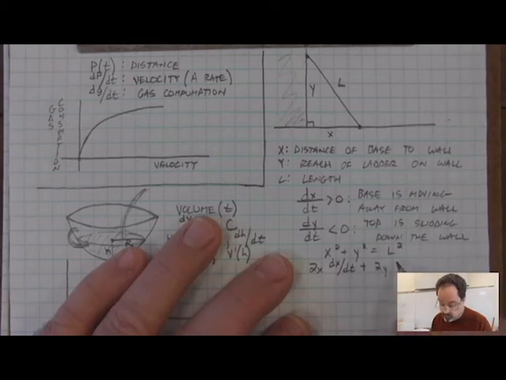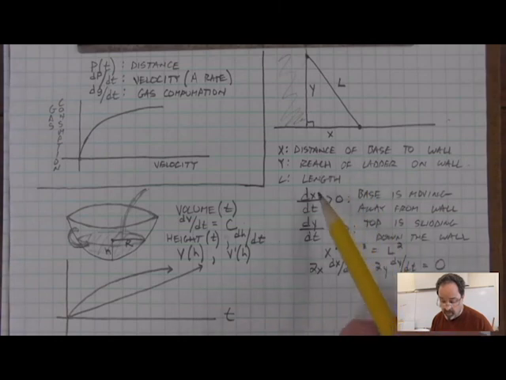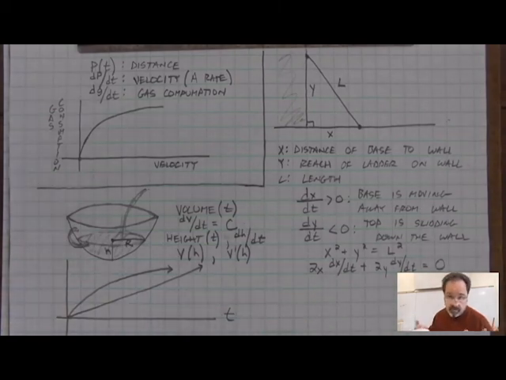Treating y as a function of time, we chain rule the derivative of y with respect to time. And L is a constant, so its derivative is 0. We have then an equation that relates the rates that we've identified. And if we had values for any of these four values, x, y, dx/dt, and dy/dt, then we could use 3 of those values to find the fourth and complete a calculation.